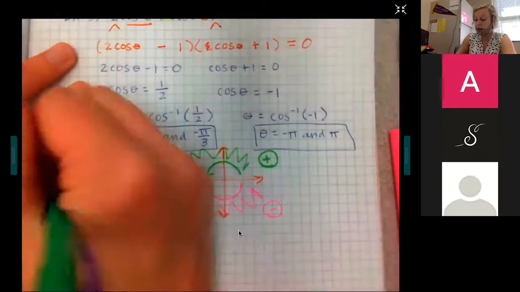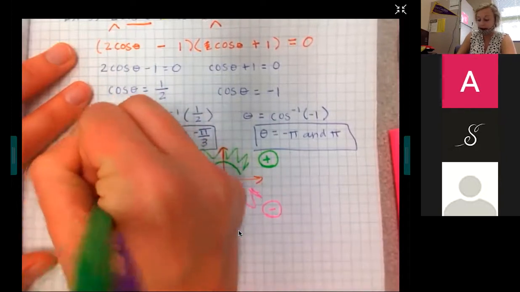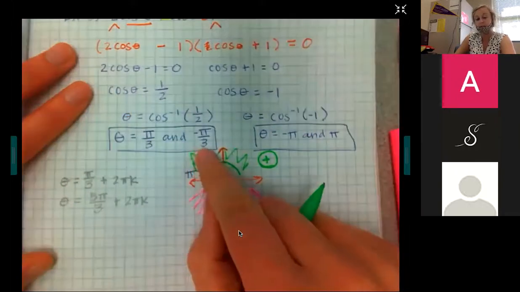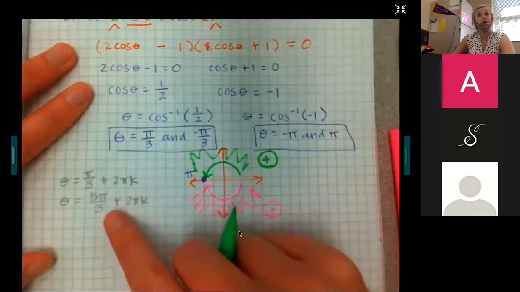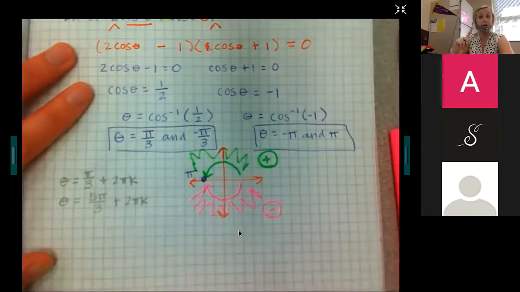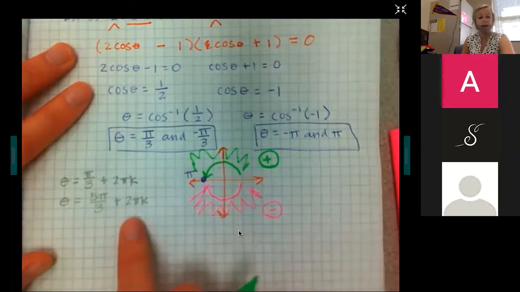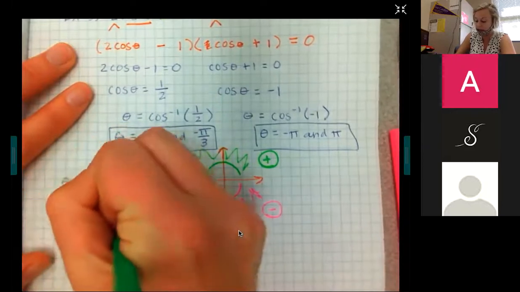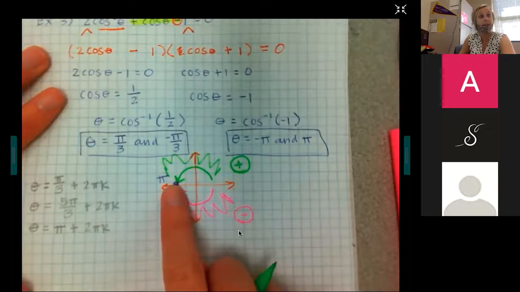Then we also need 5 pi over 3. Somebody tell me why I chose 5 pi over 3 instead of -pi over 3. General solutions are from 0 to 2 pi. Good. So you would need 5 pi over 3. That's the quadrant 4 one. And then Kevin said you would just need pi because technically -pi and pi are the exact same point.